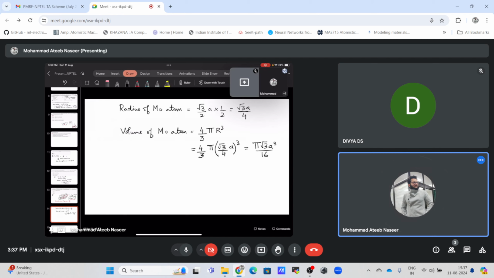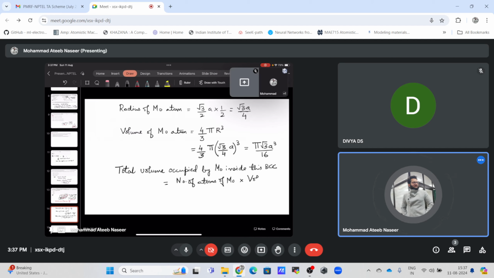So the total volume occupied by Mo inside this body centered cubic cell is simply the number of atoms of Mo times the volume of atoms.